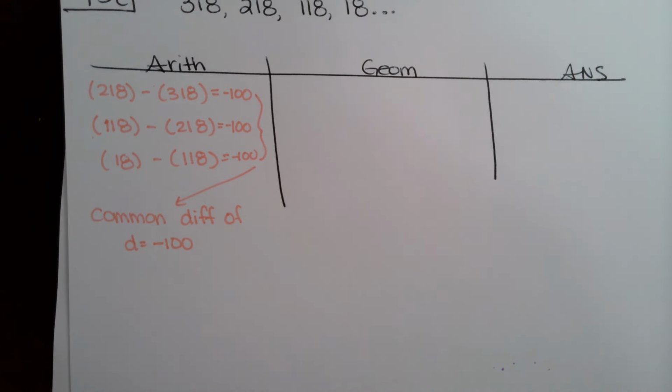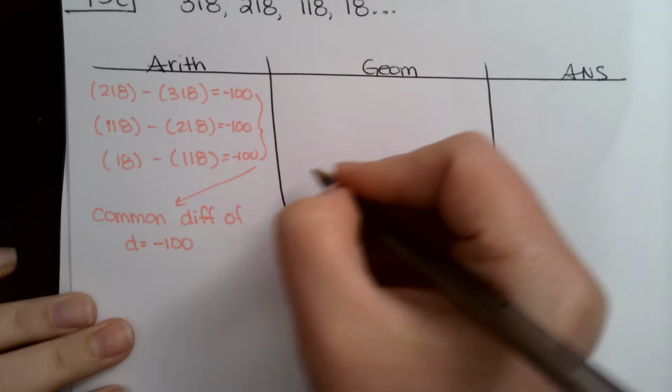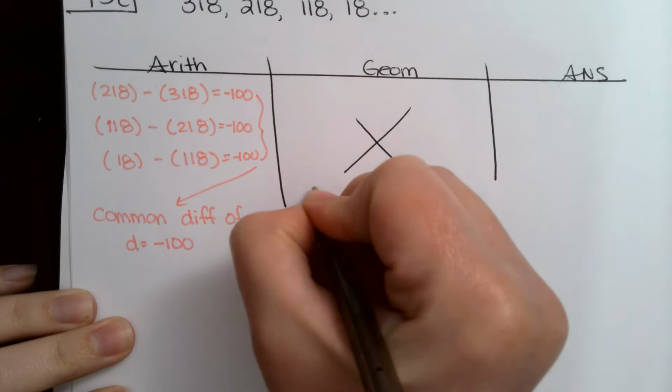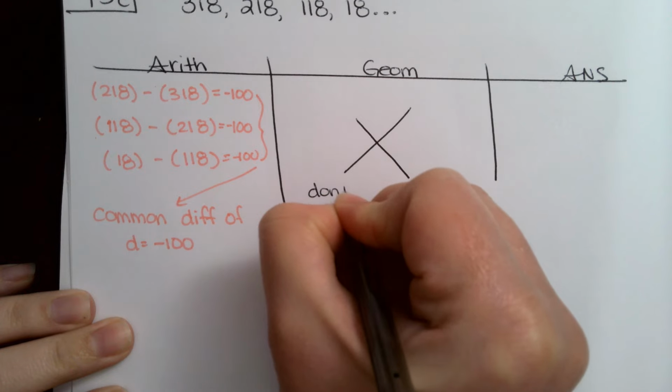Now, the trick with these is that if you already know that it's arithmetic, it's not asking you to test for geometric. It's asking you to pick one. Pick either the arithmetic or pick geometric. Because it is already arithmetic, you don't have to do this anymore.